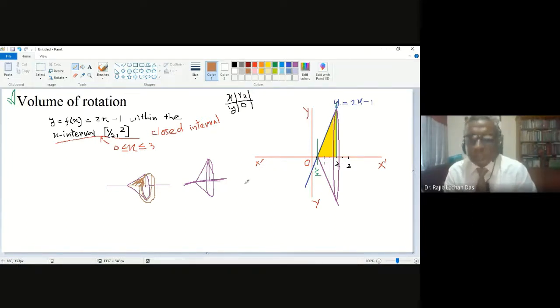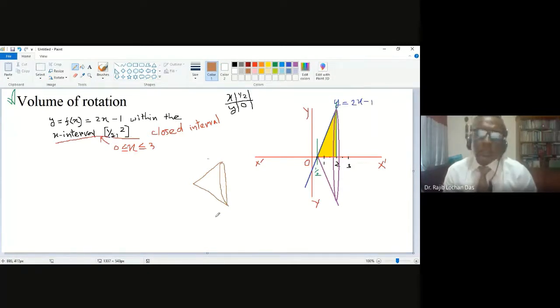This three-dimensional figure is called a cone. The cone will look like this. Is that okay? So that will be the 3D shape, and you can find out the volume of that 3D shape. Since it is coming from rotation, that is why it is called volume of rotation.